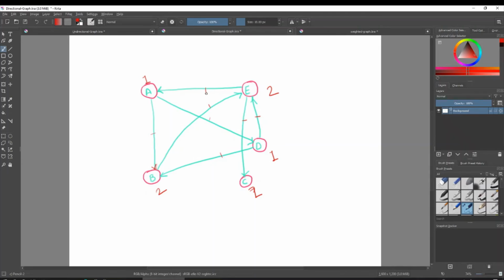If you sum up all these numbers, 1 plus 2 plus 1 plus 1 plus 2, that is 7. If you count the total number of edges, that number is also 7.